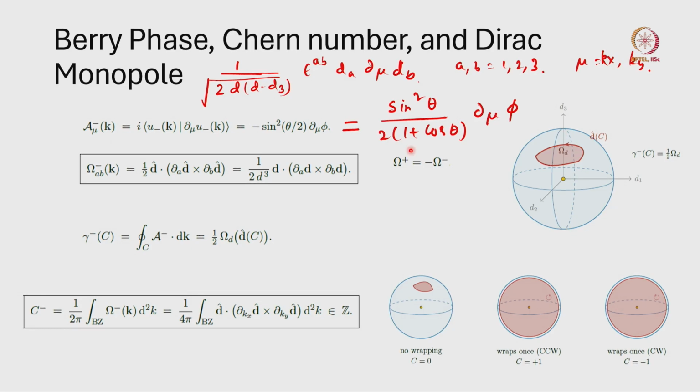Now, so then what will I do? I need to define another gauge field for the south pole, in which I will have a minus sign. So, that will be defined in the south pole, not in the north pole, right. And the difference between them, this term will go away and you will be left with this.